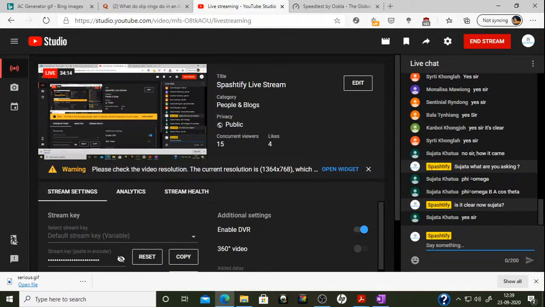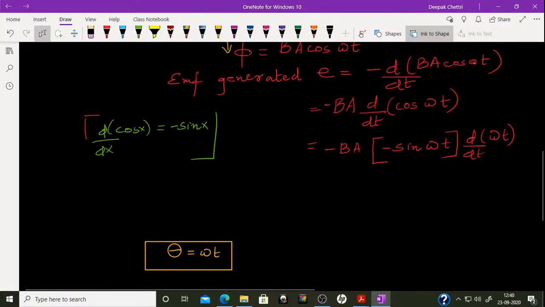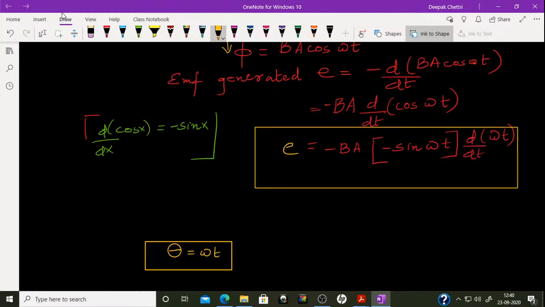Okay, so now moving ahead, till here is clear, differentiation is clear. How I got EMF E is equal to this, is this part clear or not? Till here it's clear. We have not completed here, I am on the way.